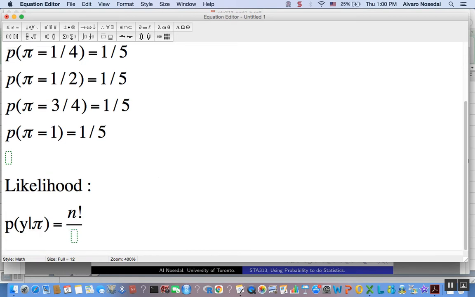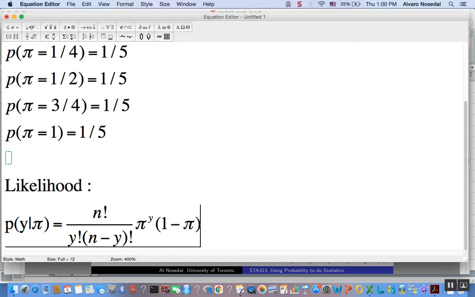So n factorial divided by y factorial times n minus y factorial, times pi to the power y, times one minus pi to the power n minus y.